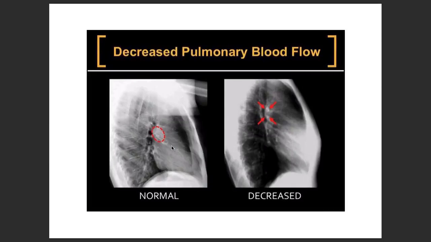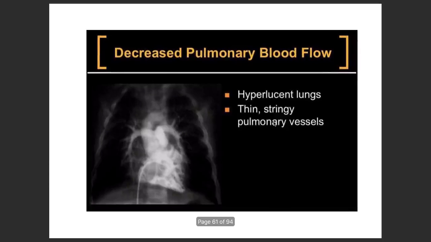So what are those areas, as I was telling you? If you look carefully, over here, this is the normal one. For example, you will see whitishness present everywhere over here. However, if you look only in this region, it is more whitish. Otherwise, in other areas, it is pretty dark. So this is what is meant by decreased pulmonary blood flow.